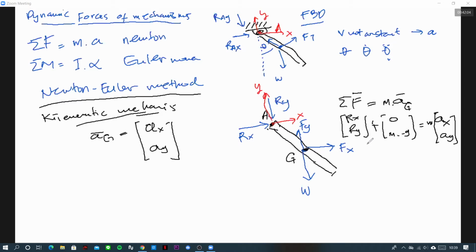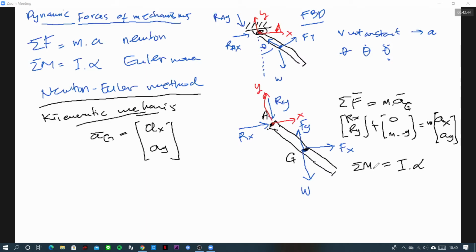And also, you should derive the equation of Euler moment. So sigma moment is equal to I times alpha. Because this is two-dimensional space, sigma moment occurs only in the z direction. But for sigma moment, you should always write down with respect to which point.